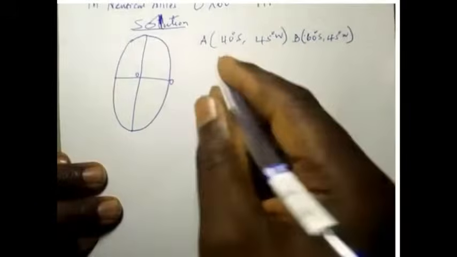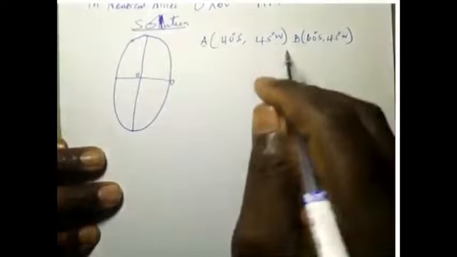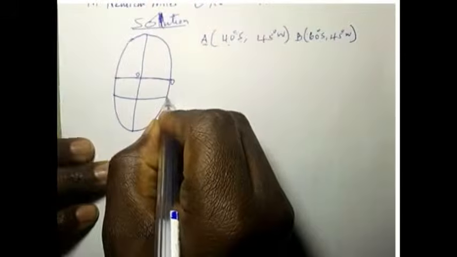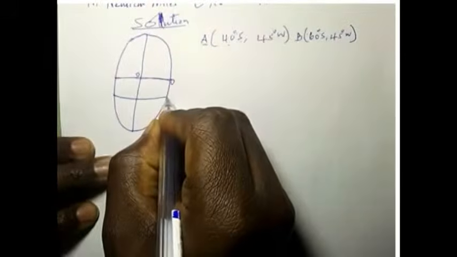So let us now locate our points on the globe. It is important that you sketch. So point A is here.